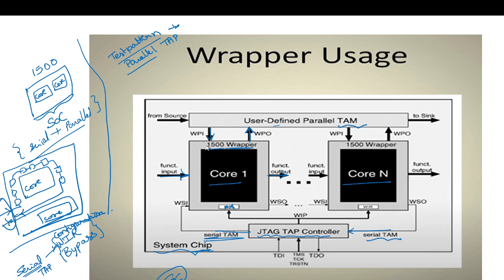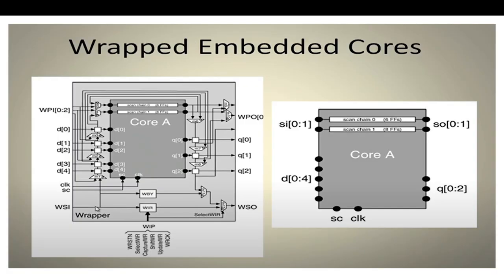So next we will go to the next wrapper embedded core. Here we can see that we have two scan chains. This scan chain is given as having 6 flip flops. This scan chain consists of 8 flip flops.